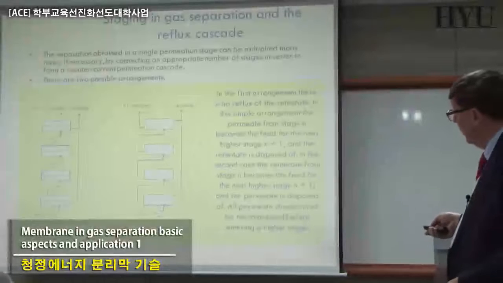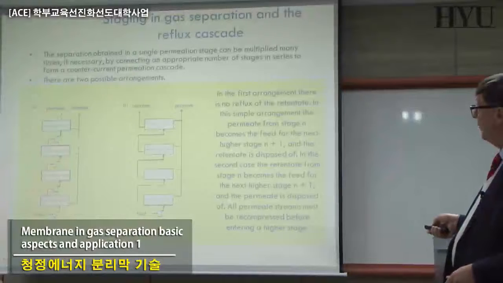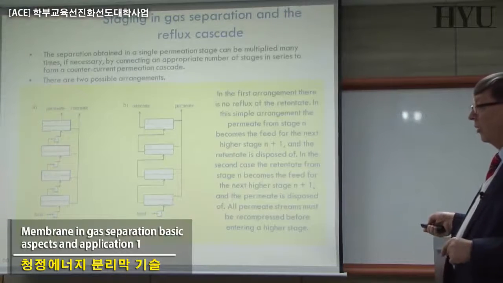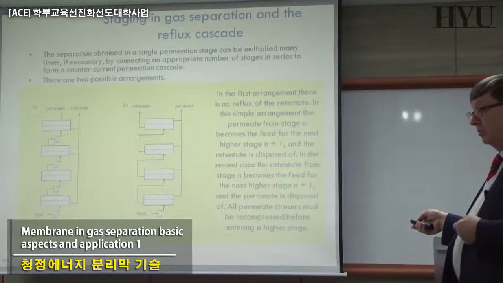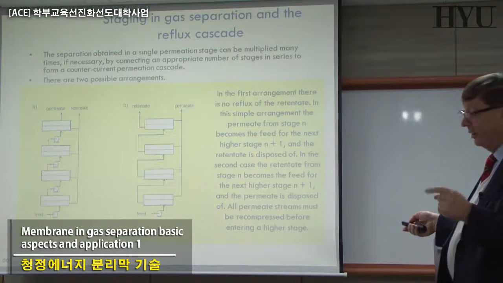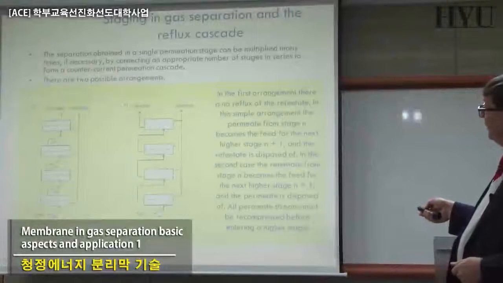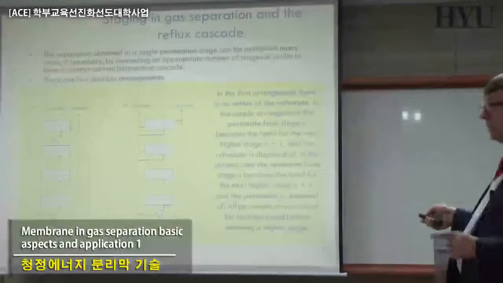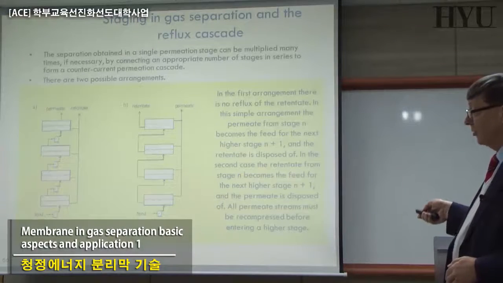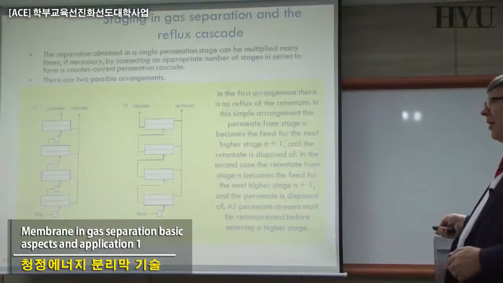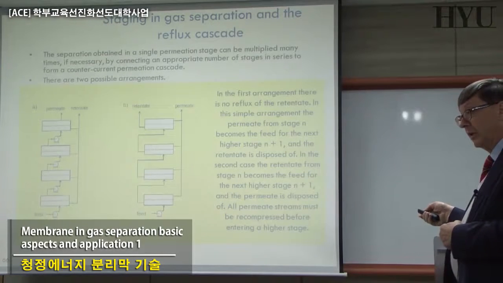The other way of doing it is the second one, where you have the first module, and the retentate of number one becomes the feed of number two, not the permeate, the retentate. And so at the end, 1, 2, 3, 4, you will have a retentate that has come across the 4 modules, and all the permeate from number 1, number 2, number 3 that you mix together.